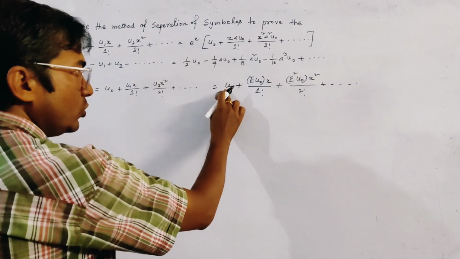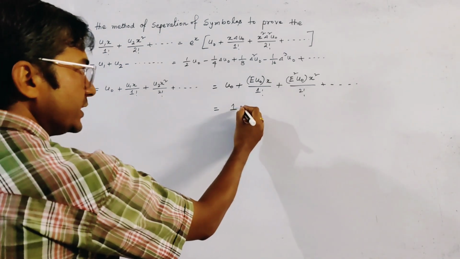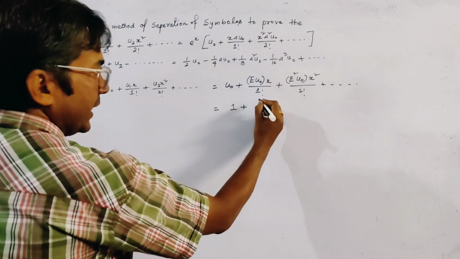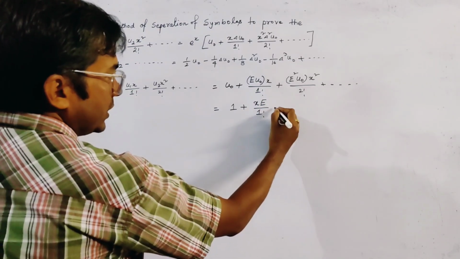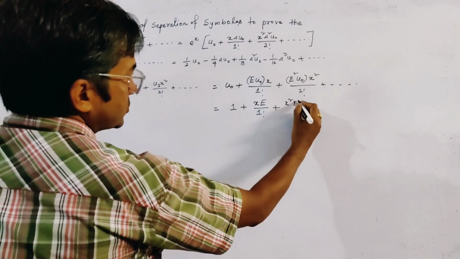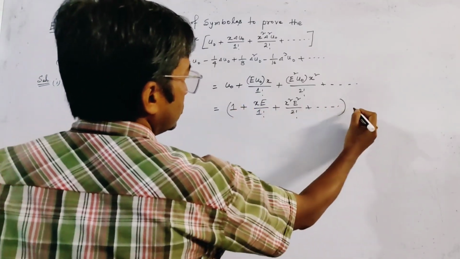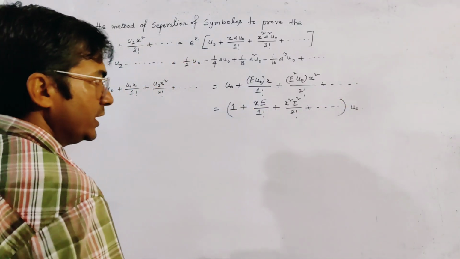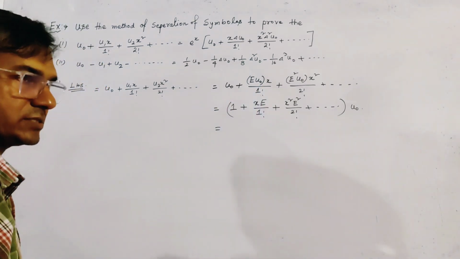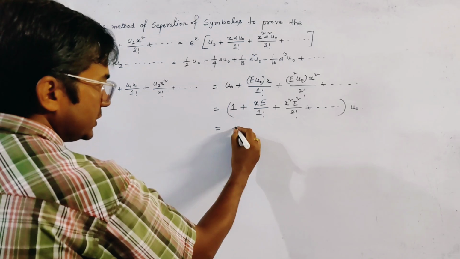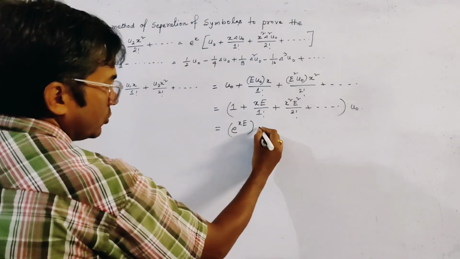And taking u0 common from the right, we get 1 plus xE by 1 factorial plus x square E square by 2 factorial, and so on, into u0. Okay, and clearly this is the series of e to the power x. So we get the series e to the power xE into u0.